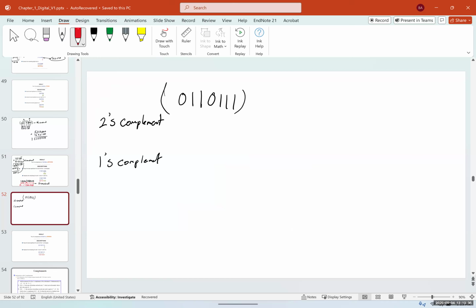I'll give you a minute to solve this one. We want to find the 2's complement for this. 0, 1, 1, 0, 1, 1, 1. And also for this one, let me give you another one. And 1, 0. So for these two numbers, we want to find the 2's complement and the 1's complement.